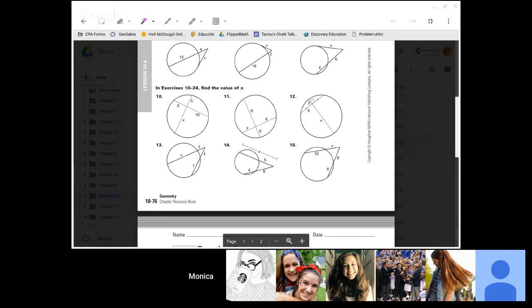You need the quadratic formula for 15, 19, 23, and 24, it looks like.